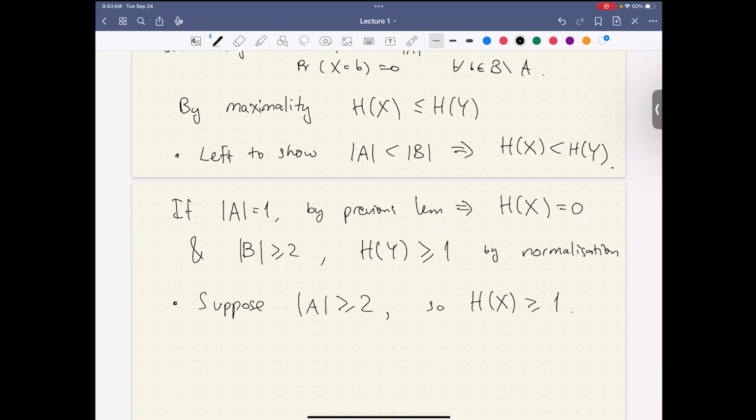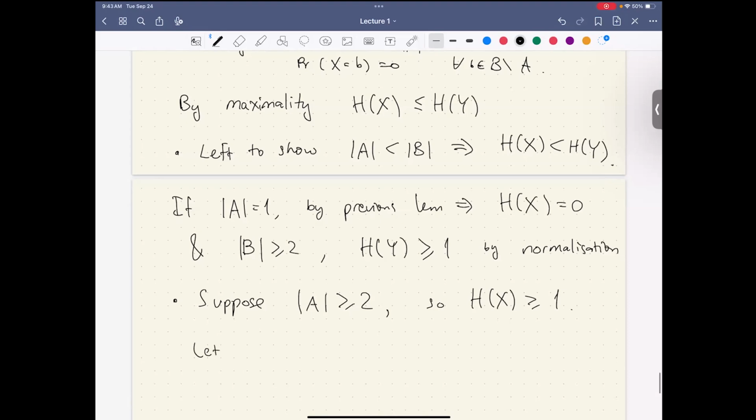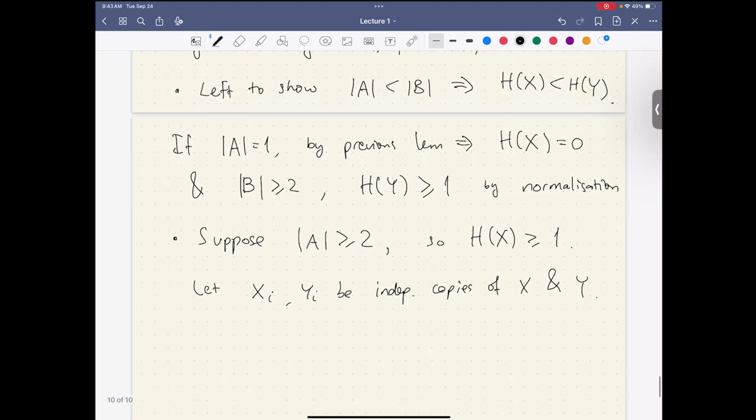What we need to prove now is that B is strictly bigger than A. Take independent copies of X and Y. Let Xi, Yi be independent copies of X and Y respectively.